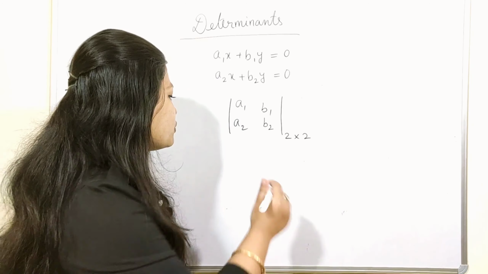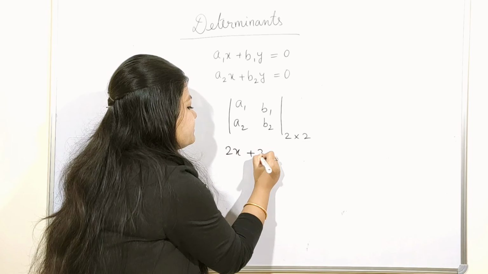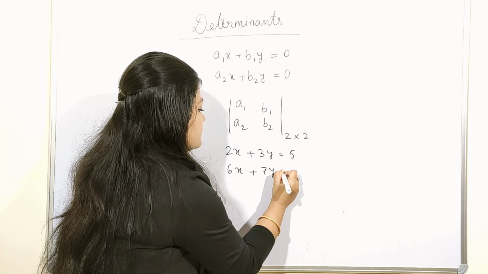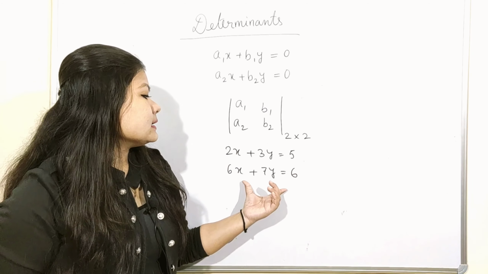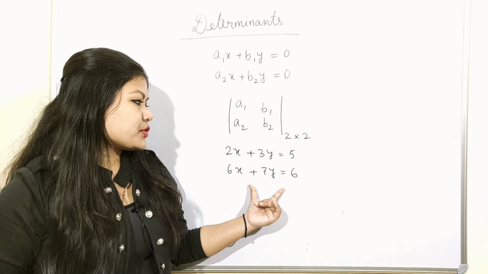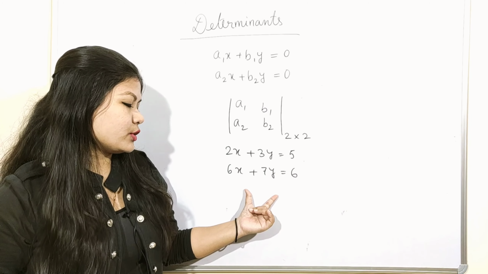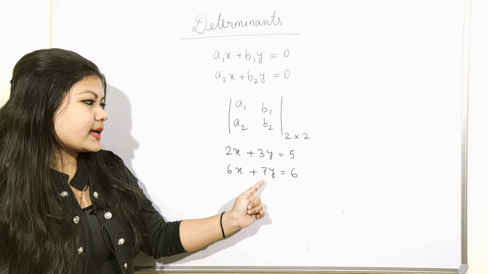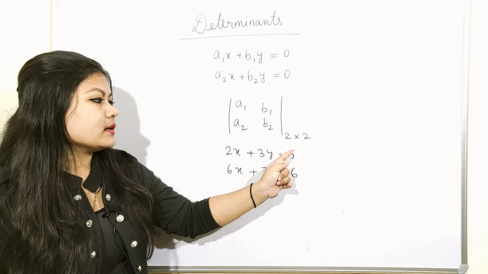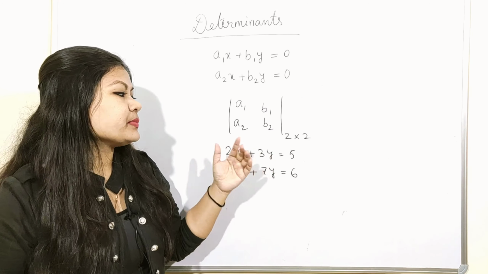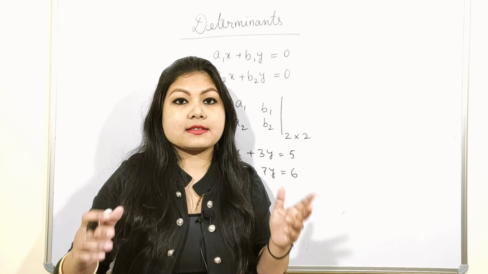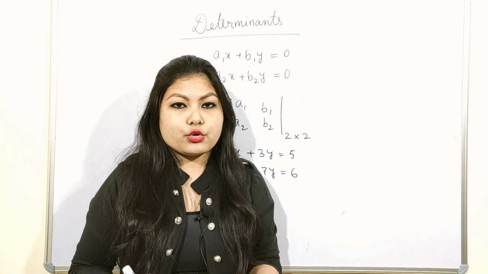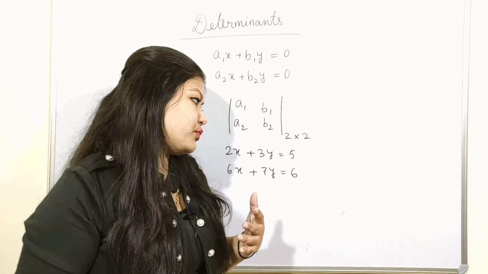For example, suppose an equation is given. This is a system of linear equations. Here 2 and 6 are the coefficients of x, 3 and 7 are coefficients of y, and 5 and 6 are constant values. Whenever a term has only a single number without any unknown variable with it, it is called a constant.